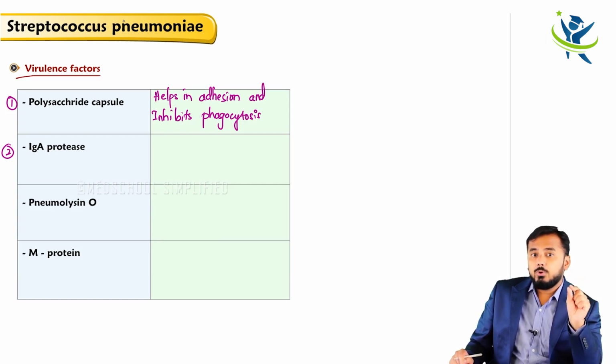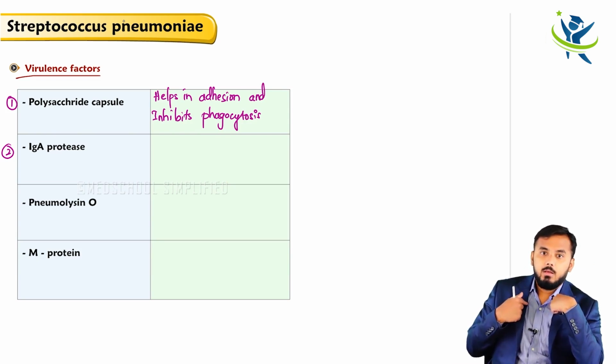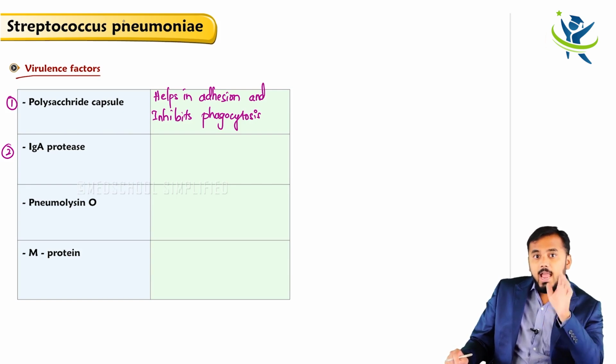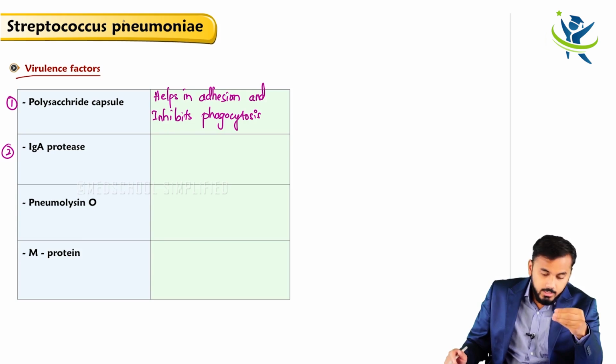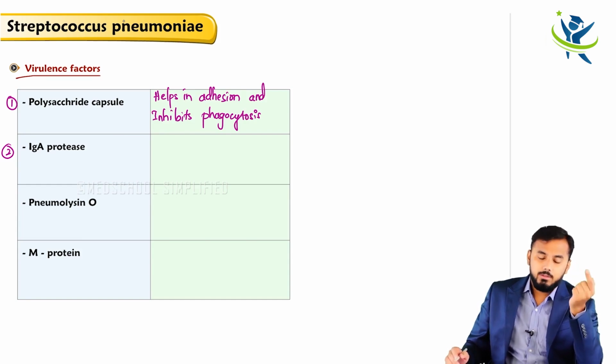and this IgA protease will kill my own body's IgA. My body already has IgA in my mouth, and this bacteria releases IgA protease and kills that IgA in my mouth. So what is it doing? It is colonizing by limiting the real, natural IgA which I am secreting, right?